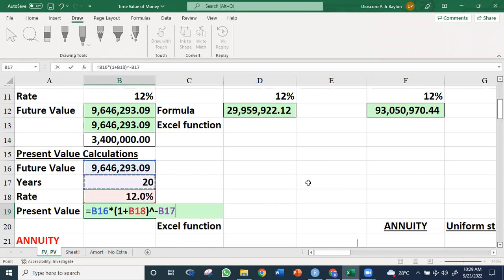There. And we're supposed to get, as expected, 1 million because we're just reversing the process.